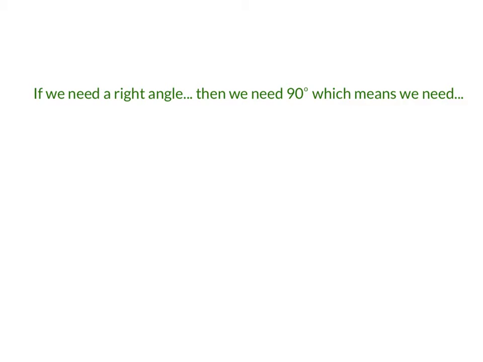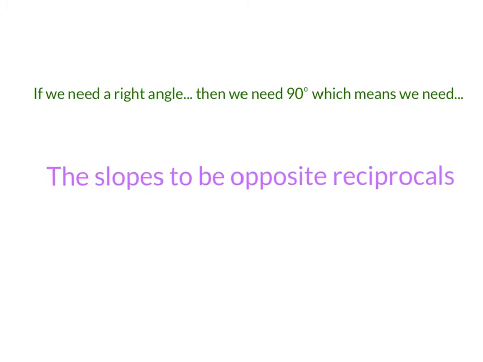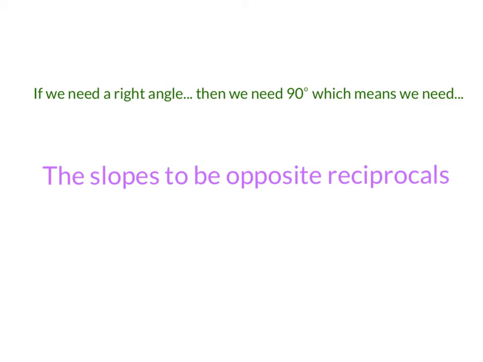If we need a right angle, then we need 90 degrees, which means that we need the slopes to be opposite reciprocals. Opposite reciprocals is an algebra term, and that's why I said in the instructions that you're going to be using your algebra and your geometry skills here.